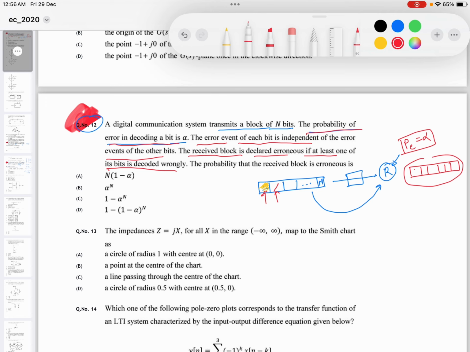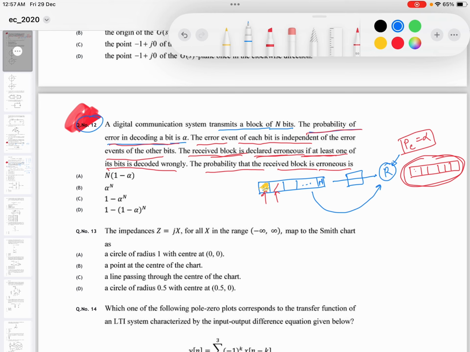That is what is given: the received block is declared erroneous if any one bit has been decoded incorrectly, then the complete block has the error. The probability that the received block is erroneous is what we have to find.